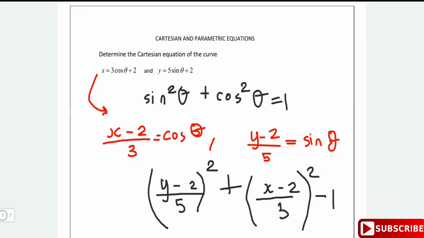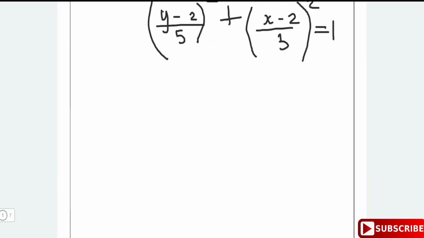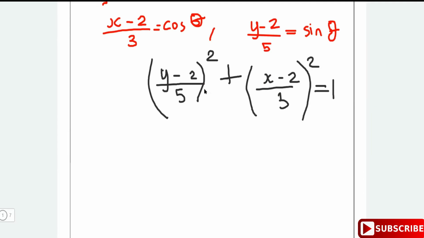Now what do we do? Well, you can expand and simplify this. So let's square this now.